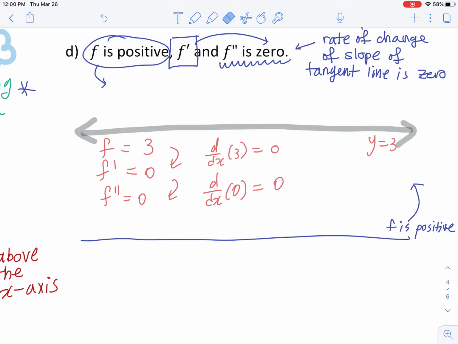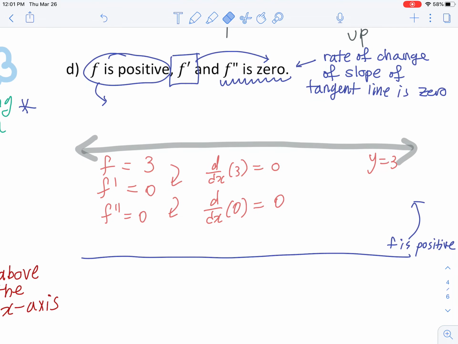But to satisfy all these 3 conditions, the original graph of f of x must be a horizontal line above the x-axis. How tricky to think about. But the good news is, when you're doing these on your homework, you will be given like 4 or 5 to choose from, and you may be able to use process of elimination to cross out some of the wrong ones.